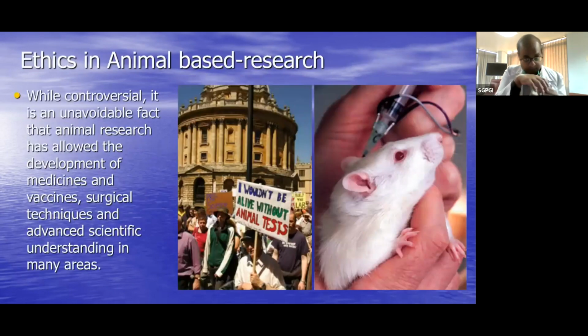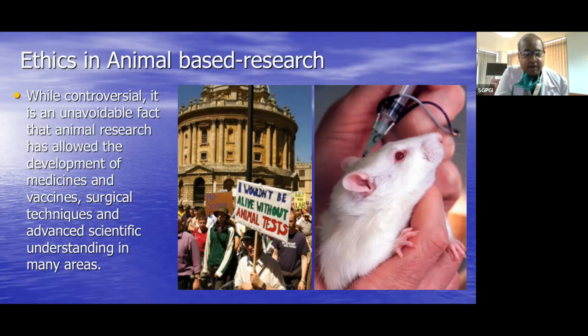Now, something which may be interesting to the PhD students, people working on animal-based research. Like human research, where we know that humans are important so we have to have ethical consideration, it is equally important to have ethical consideration in animal research, and that is something which many people don't respect that much.